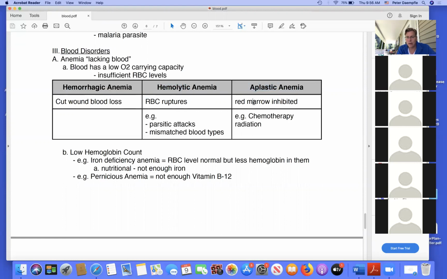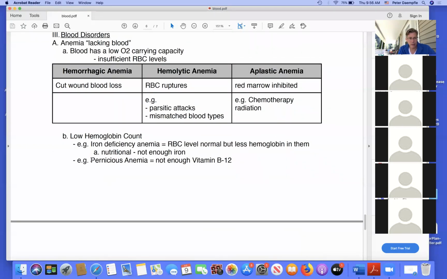Aplastic means somehow the red marrow is inhibited. That means chemotherapy, radiation, some sort of problem, usually chemo. That's what happens in your cancer patients, aplastic anemia. And so you get anemic because of the radiation. So those are three types of anemia.